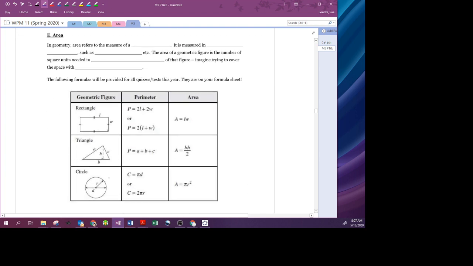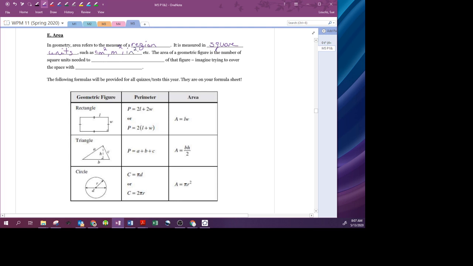Next topic, area. In geometry, area refers to the measure of a region. It's measured in square units, such as centimeters squared, meters squared, inches squared, and so on.